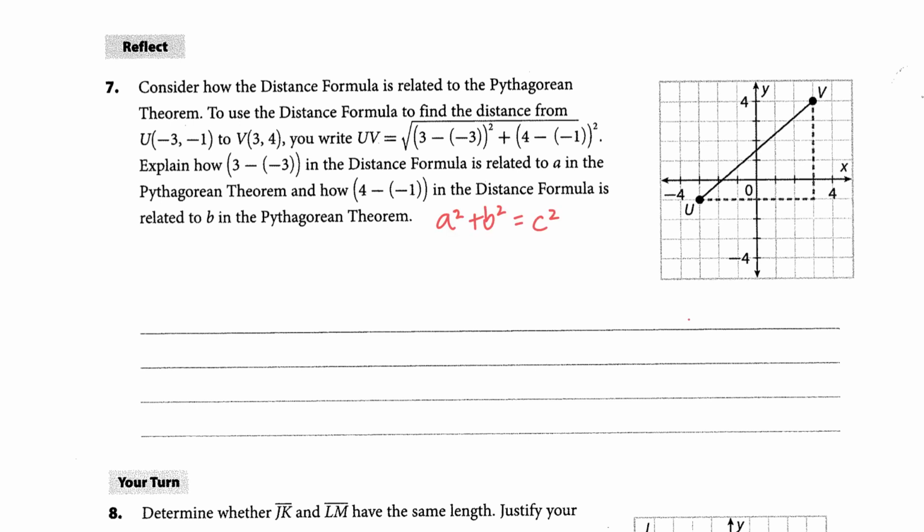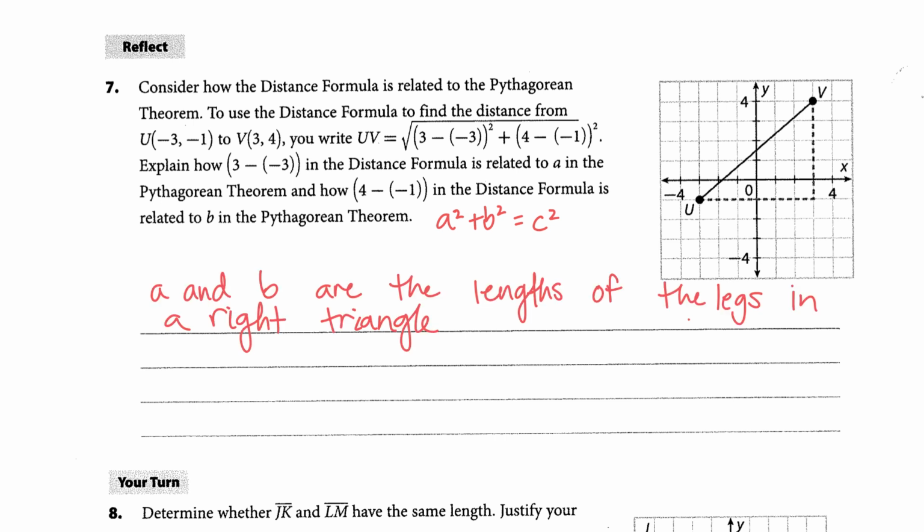In the Pythagorean theorem, A and B are the lengths of the legs of a right triangle, and C is the hypotenuse. Since UV is the C, or the hypotenuse, we would square root both sides, so we would get A squared plus B squared inside the square root symbol. And then A is the leg, and B is another leg.